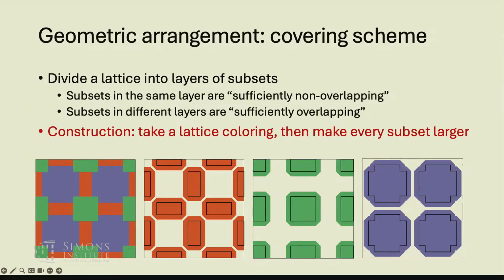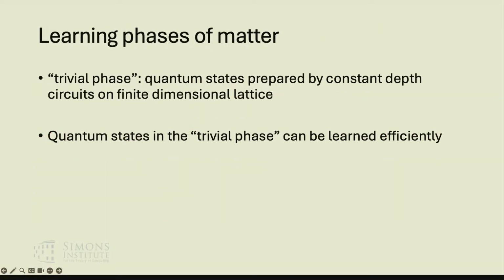Okay, so let me just conclude this part with a physics comment. In physics, there's something called phases of matter. And the trivial phase is defined as quantum states prepared by constant depth circuits acting on a finite dimensional lattice. So what I just presented is a proof that quantum states in the trivial phase can be learned efficiently.